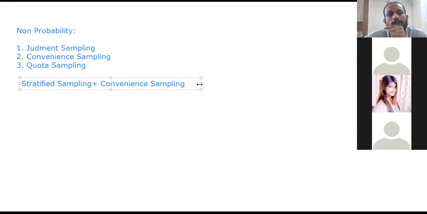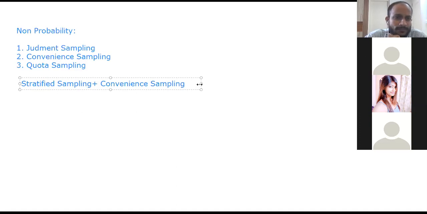In quota sampling, I will be using my own judgment to choose, or I will be using a very convenient way to choose the sample. Are you getting it? Say, for example, let's say that I'm taking statistics subjects for both BCU as well as AU students.